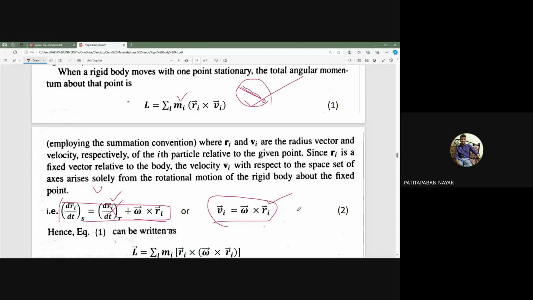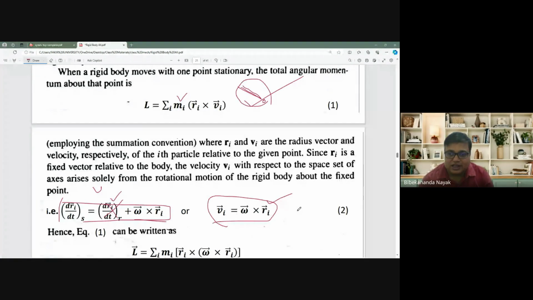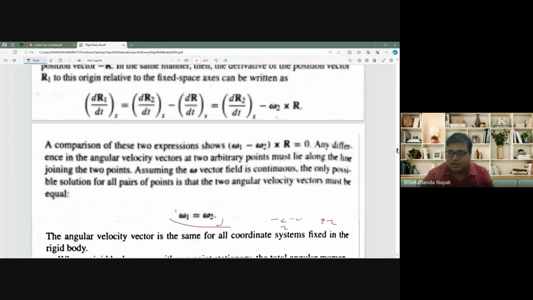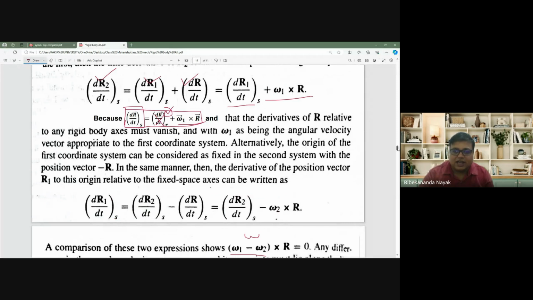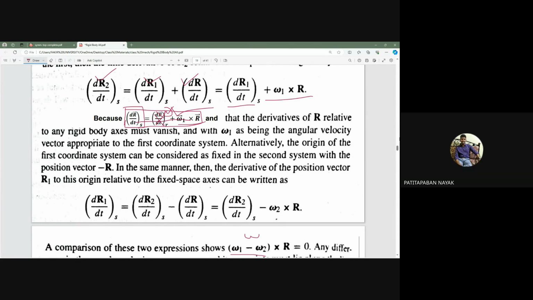Then this equation is also applicable. For a rigid body, the equation is dr by dt in space equal to dr by dt in the rotating frame plus omega cross r. It is for all rotating bodies. If it is a rigid body, the distance between two points is fixed, r is fixed, so this term will be 0. And sir, translational motion is not considered here? Only rotation is considered; yes, we are considering only rotation.